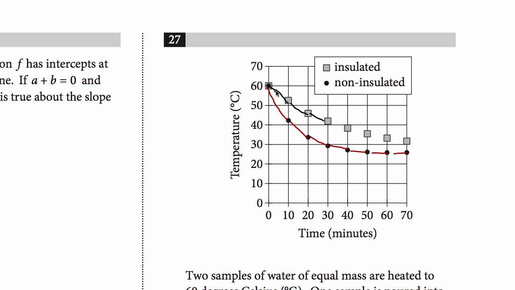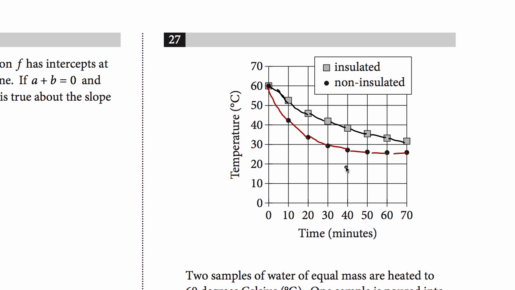And then for the insulated one, it's steep, and then it's kind of constant, but it looks like at the end here, it's a greater rate of change. So they're kind of flip-flopped. All right, so we want to figure out what answer that is.